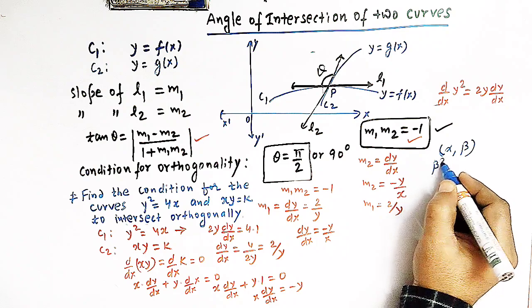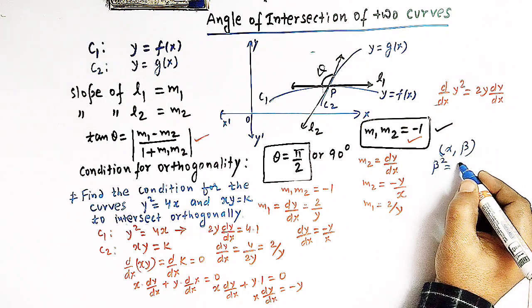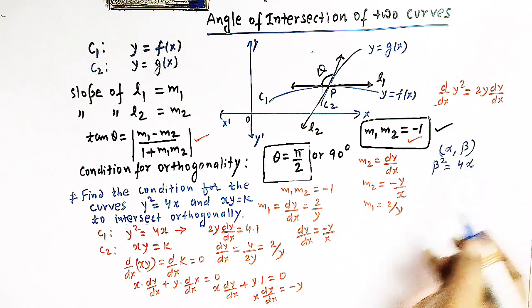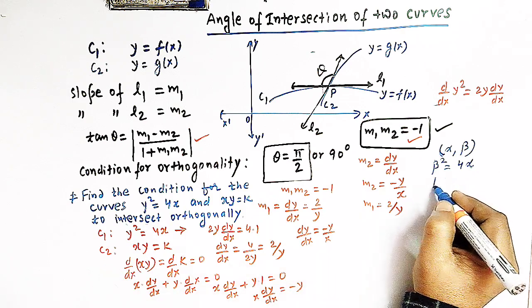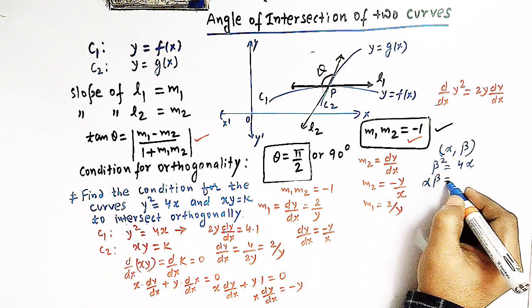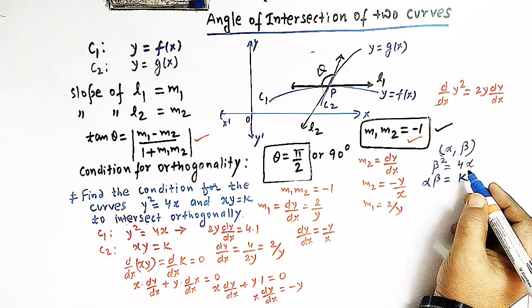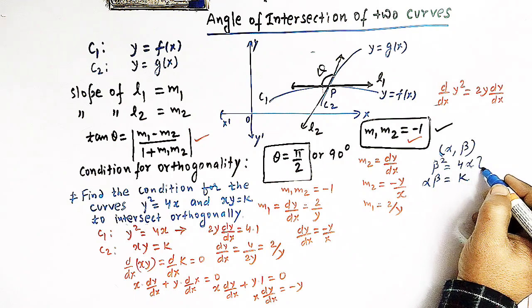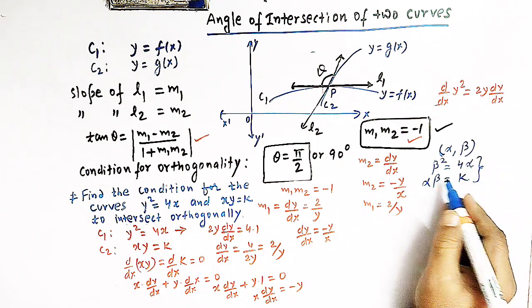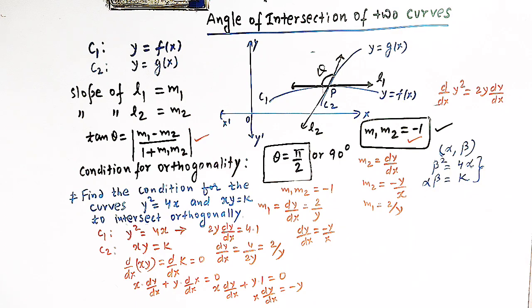So we have beta square, for x we have alpha, for y we have beta, so we have 4 alpha. And then we'll substitute alpha comma beta in the equation of the curve C2. So we have alpha times beta is equal to k, right? Okay, so now if we solve these two equations simultaneously, then we can find out the values of alpha and beta in terms of k, right?